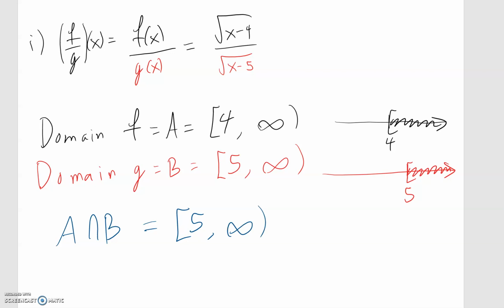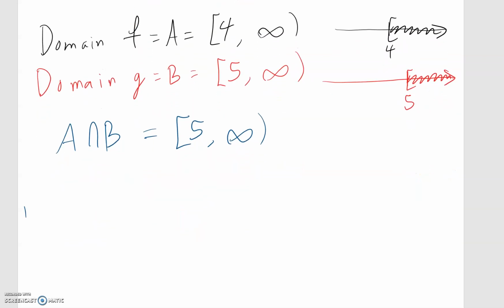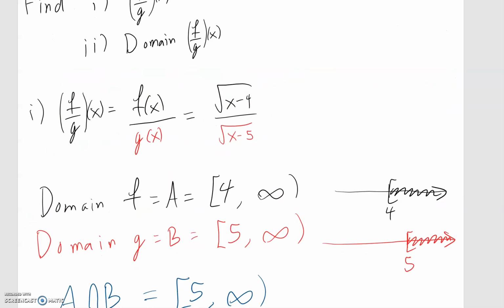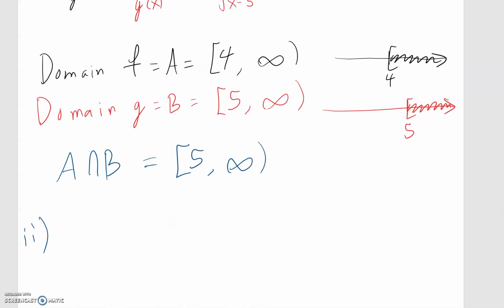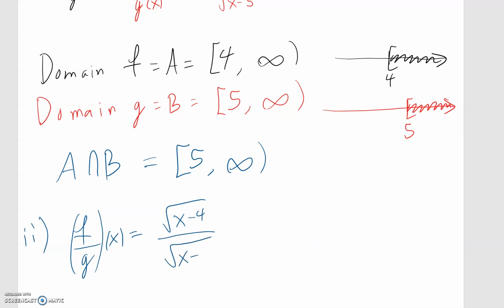Now, this thing that I wrote here in the blue is not the domain of f of x over g of x, right? Why? Well, we know that if our function is the square root of x minus 4 over the square root of x minus 5, I need to exclude any values where the denominator equals 0.